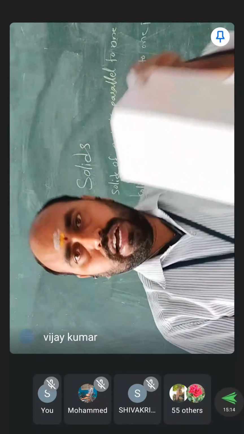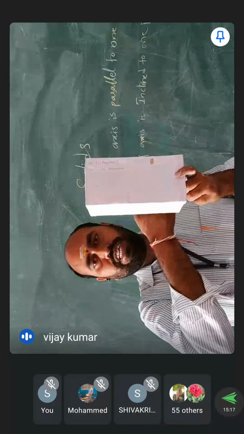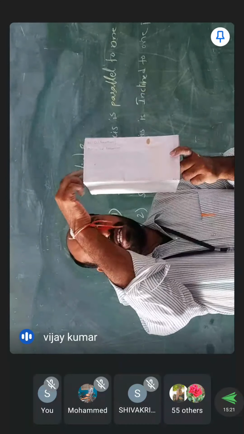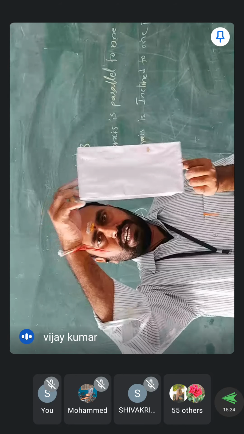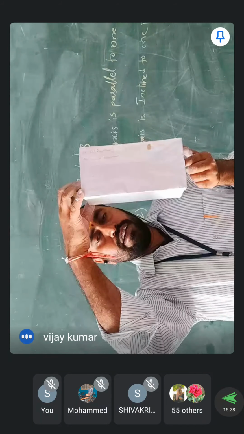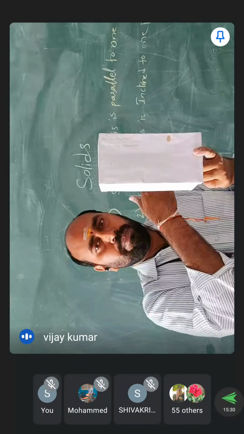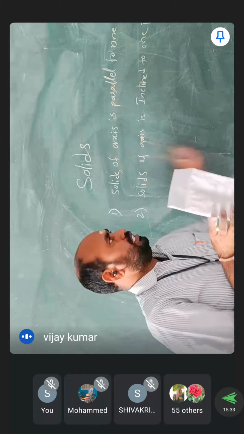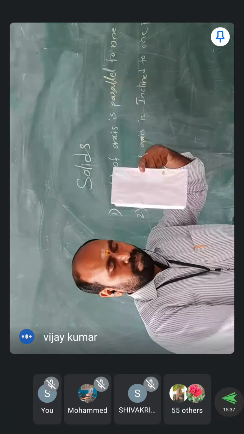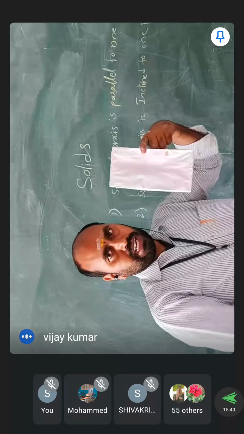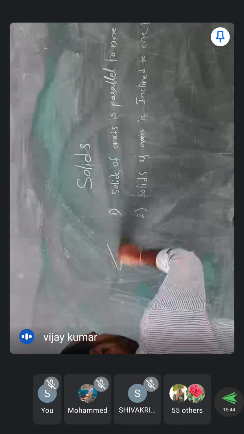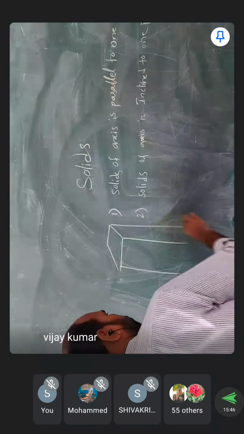For example, the back side is the vertical plane and the bottom one is the horizontal plane. The center to center line is called the axis, right? The axis of a square prism is parallel to VP. The board is considered as the vertical plane and the ground is considered as the horizontal plane. For example, this is a square prism.